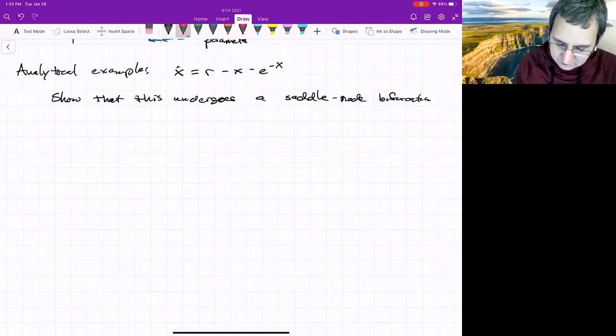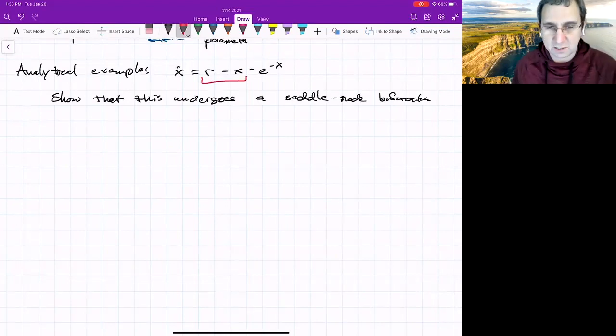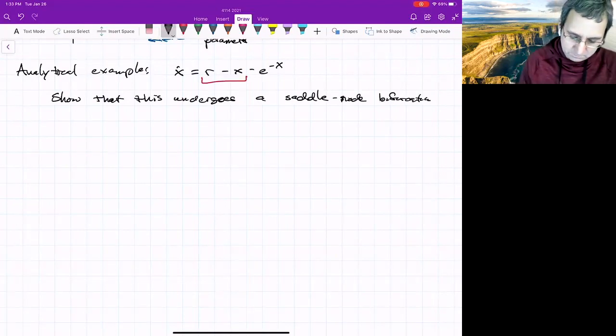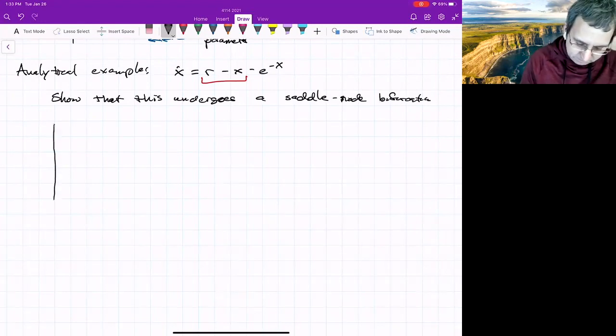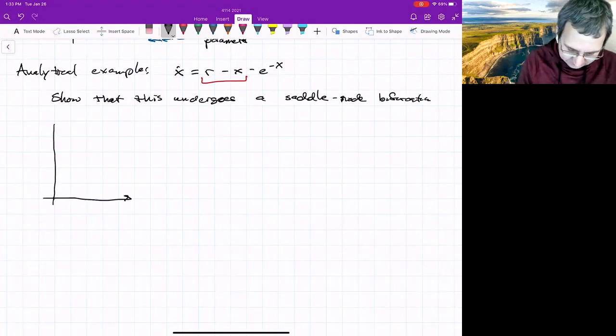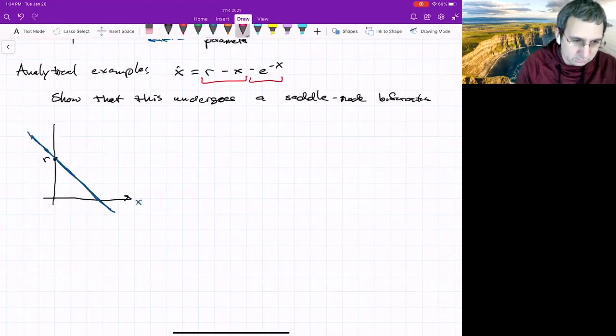How would you do it? You could take this part, r minus x, because that's easy to plot. Let's look at one case over here. R minus x intersects at the point r, and then goes down with slope negative 1. E to the negative x is going to be an exponentially decreasing thing.